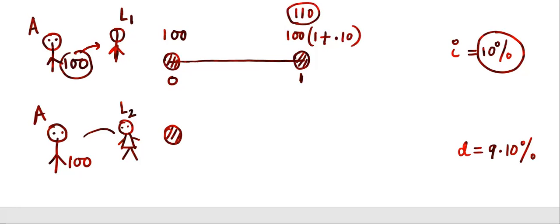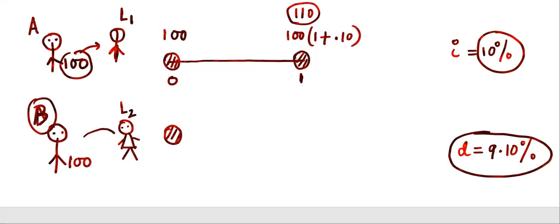Now, B says, I will go through the discount way. This is specified by the government. Either you can charge 10% at the end of the year or 9.10% at the start of the year. So this guy gives 100 to L2 and says, because the discount rate is 9.1%, you give me that 9.1% now, not after 1 year.